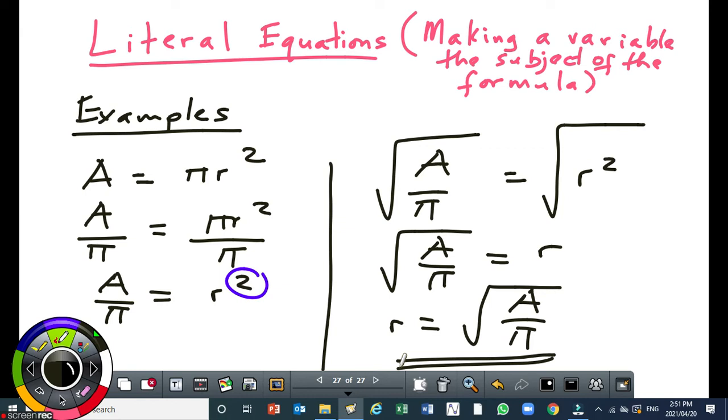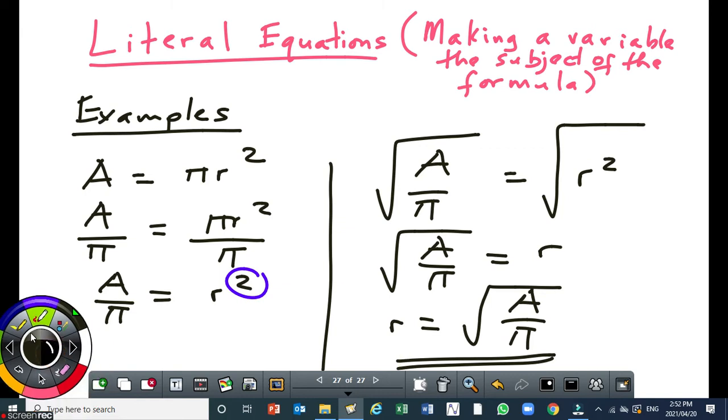Let's move on to another one. Let me take the second example from Everything Maths. Whilst I'm doing that, is there anybody who has got a question? Okay, let's do a second one.